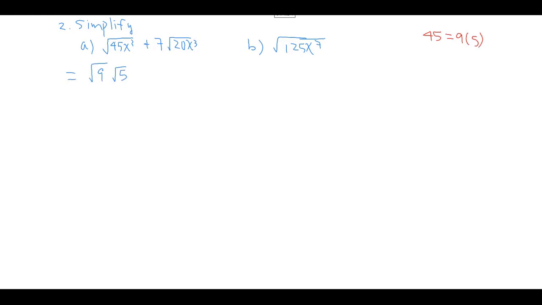Then x to the third. How to simplify this? Let's assume x is positive, non-negative. We use the following property: the square root of x squared equals the absolute value of x. When x is greater than or equal to 0, we can just cancel the square root and the squared, and this becomes x.